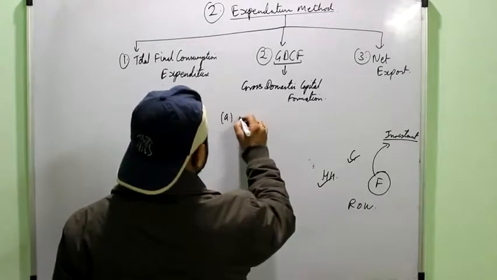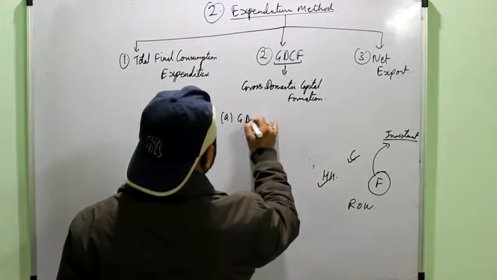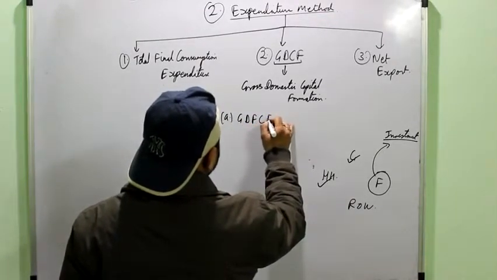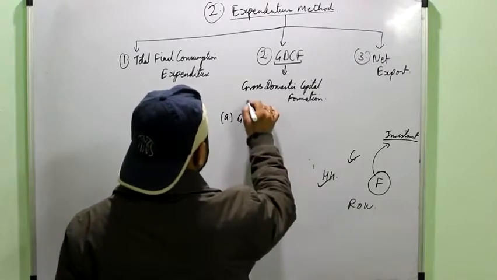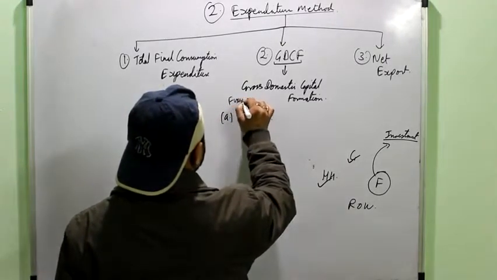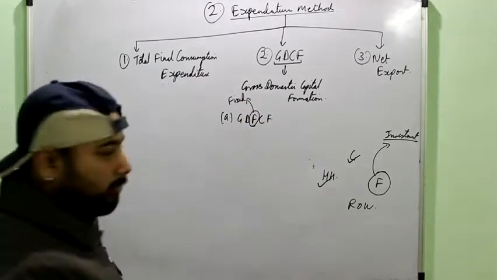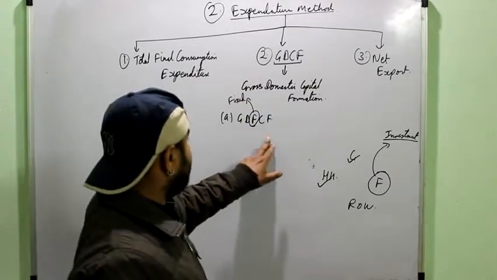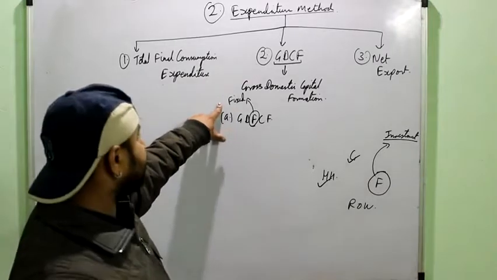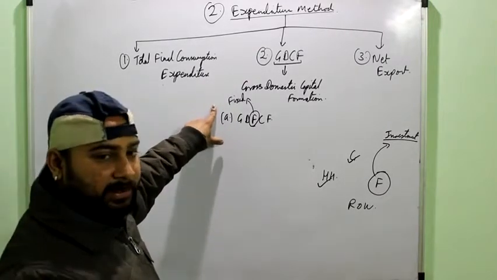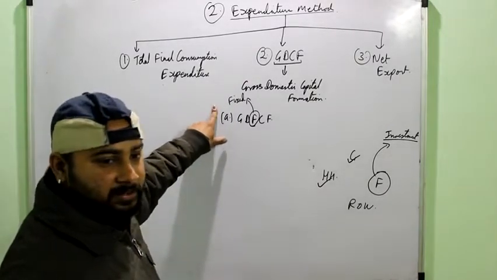instead of GDCF, maybe GDFCF is given, that is gross domestic fixed capital formation. A word is added to it. Fixed means that we are counting only the capital formation and not including the change in stock.